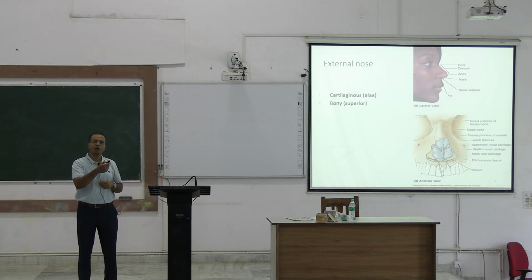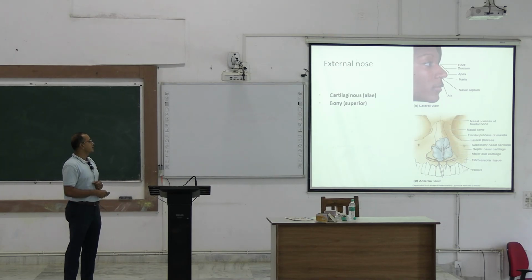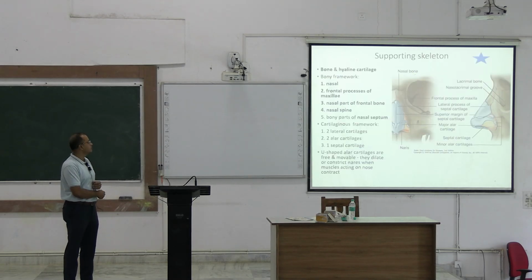Now, if we have trauma to the nose, the bony part fractures, because cartilage, being a flexible structure, escapes the fracture. So, the nose externally can be divided into two parts: the upper part, which is the bony part, and the lower part, which is the cartilaginous part.